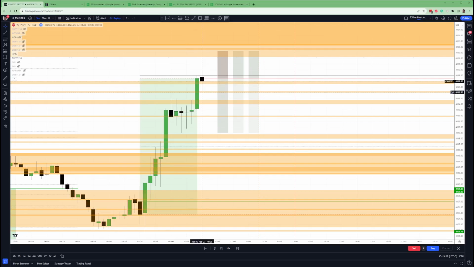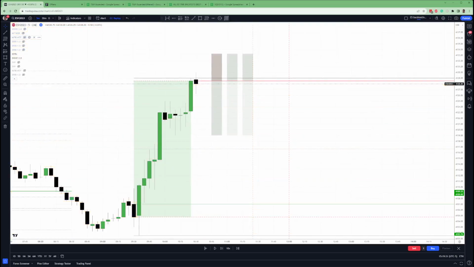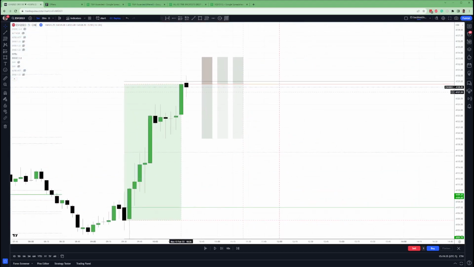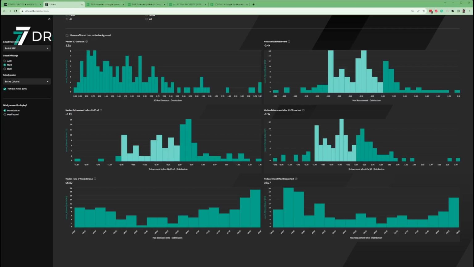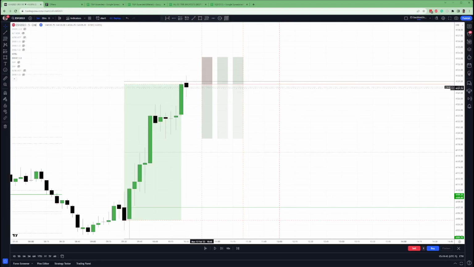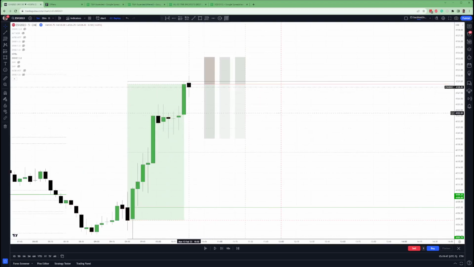That's 3, 4. So 4 rejections already from one level. That means it's an A grade, and currently we see that time is not really aligned, but price is. We're expecting price in this area here, so it's high price, low time.